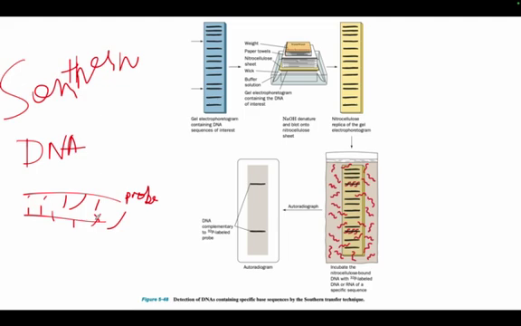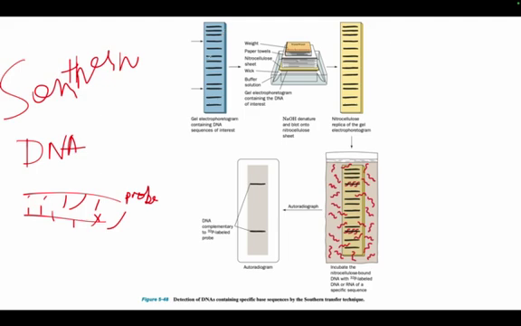But first we have to have a condition in which this binding can take place. So the first step in a southern blot will be to separate the DNA, okay, because we want these strands so that we can determine other properties such as what is the size of the strand and so on.